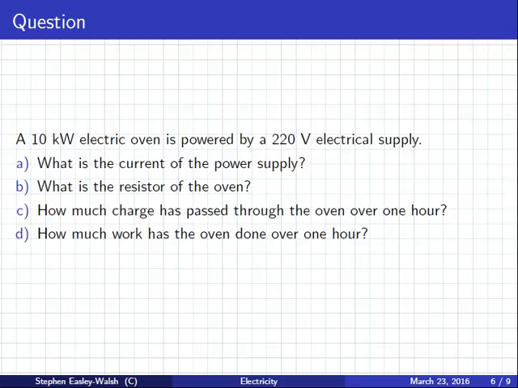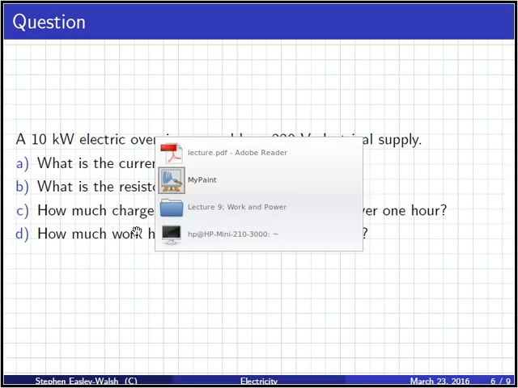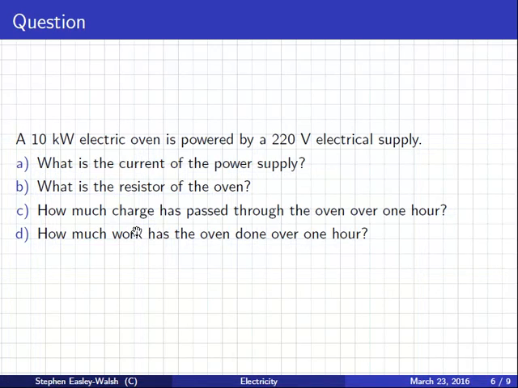No. I want to see for the C. How much charge passes through overall? I'm talking about part C. Do we say that's 1, 10, or 10,000? Yeah, sorry. You thought the same thing I thought.